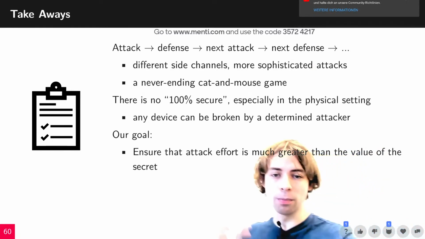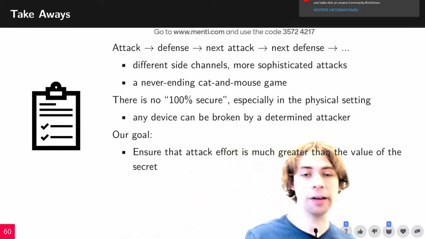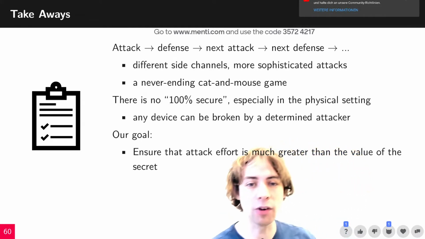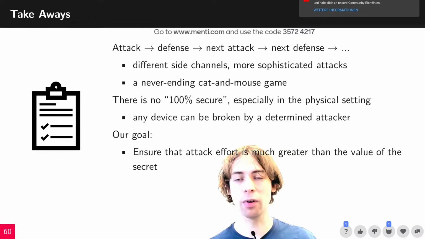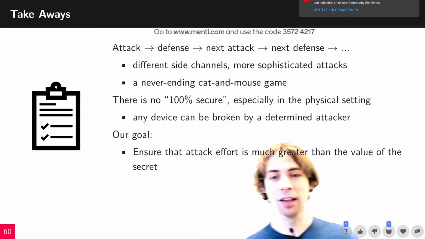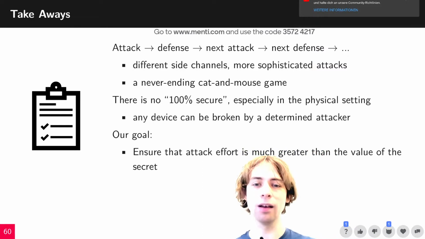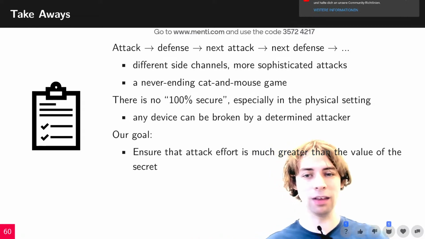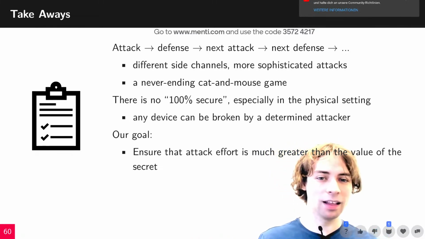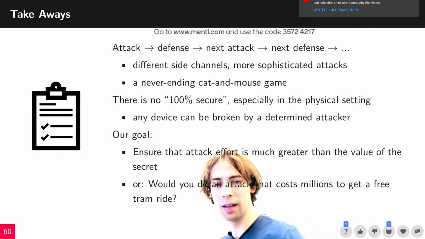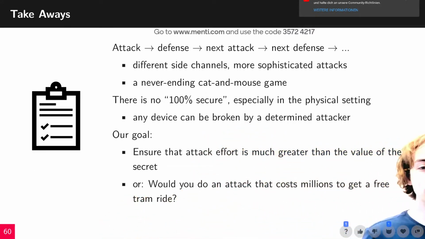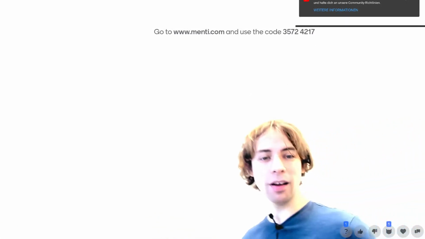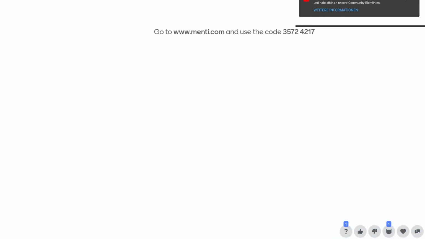So if you want to mount an attack and you have to invest $100,000 to break the device and get the secret, but the secret has a value of, let's say, 10 euros or 20 euros per month, because it's just the key for your smart card so that you can use a pirated card for watching pay TV, then maybe this is just not worth it. Or would you do an attack that costs millions to get a free tram ride? Yeah, probably not.